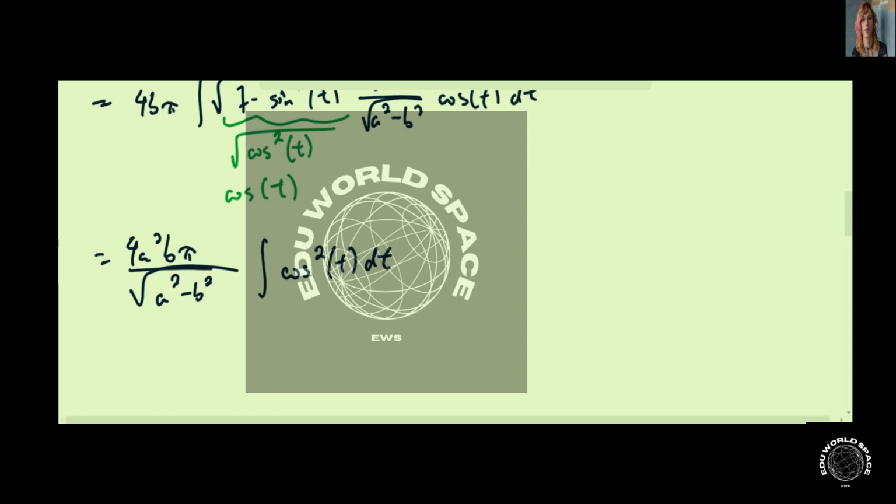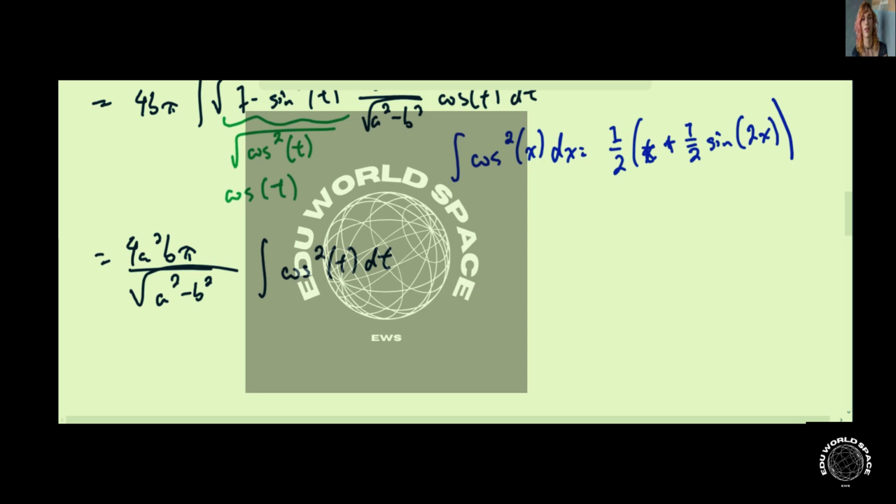And here I'm going to use the fact that the integral of cosine squared, using the power reduction formula, is going to be 1/2 times t plus 1/2 the sine of 2t. This is just something that is known. You can use a table for that, or you can derive it by hand. It really doesn't matter.